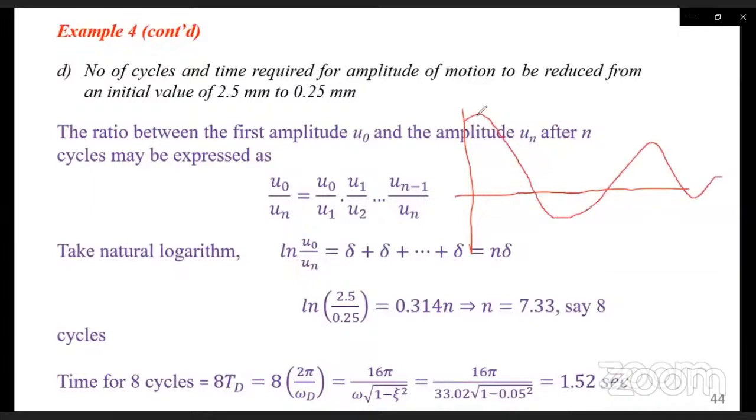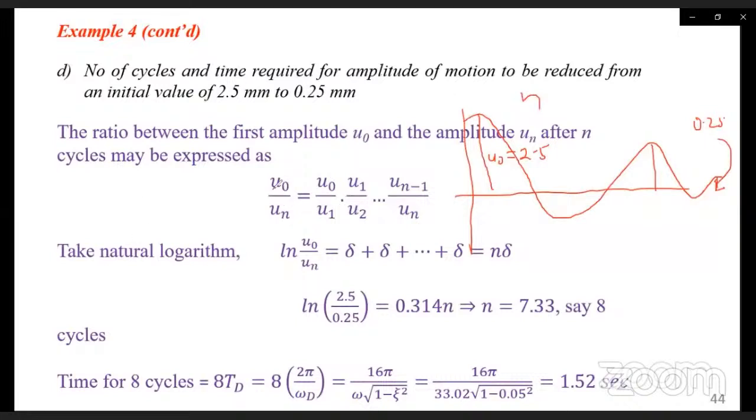We do not know how many cycles we need to go from the initial amplitude of 2.5 to a case, maybe the third cycle, maybe the fourth cycle, of 0.25. But what we know is that there shall be a number of cycles. Let's call them n, and we know the ratio between all of these.